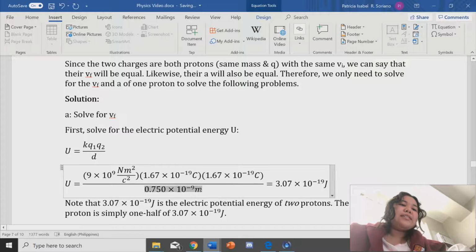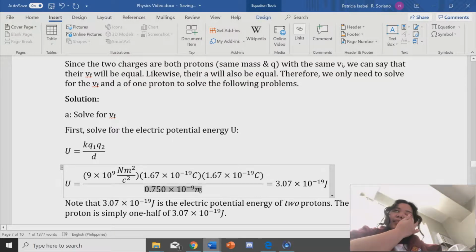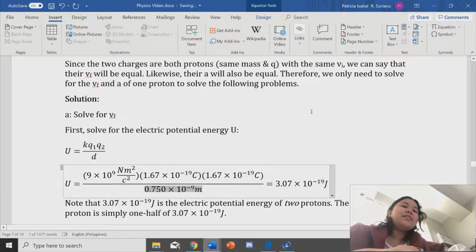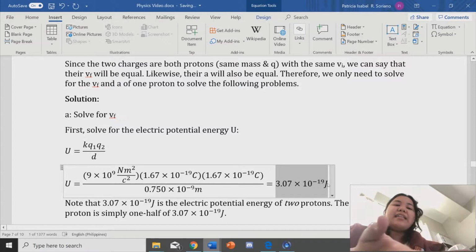And this one is the distance between them, which, according to our given, is 0.750 times 10 raised to negative 9 meters, or 0.750 nanometers. If we plug that into our calculator and solve for it, we can get 3.07 times 10 raised to negative 19 joules.